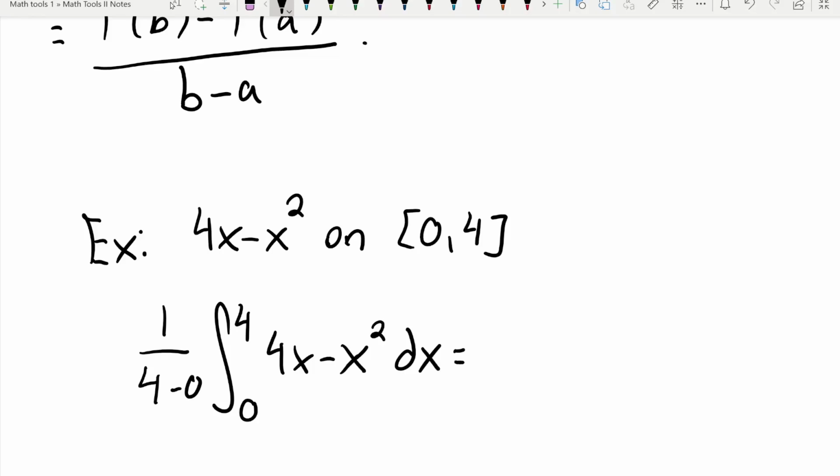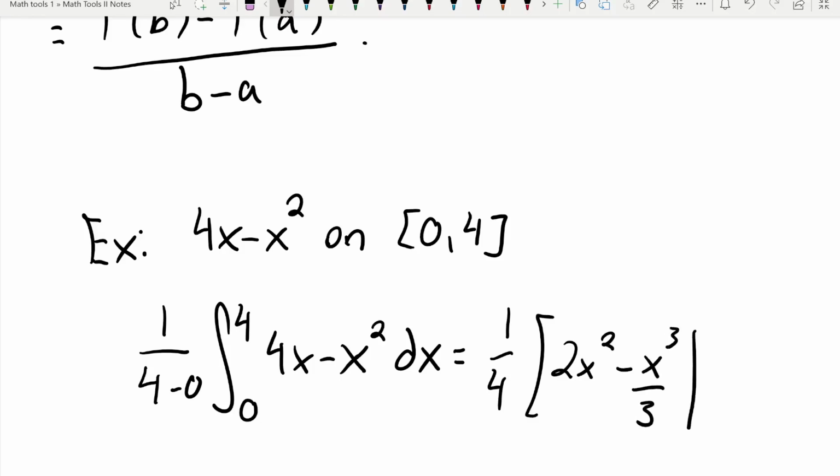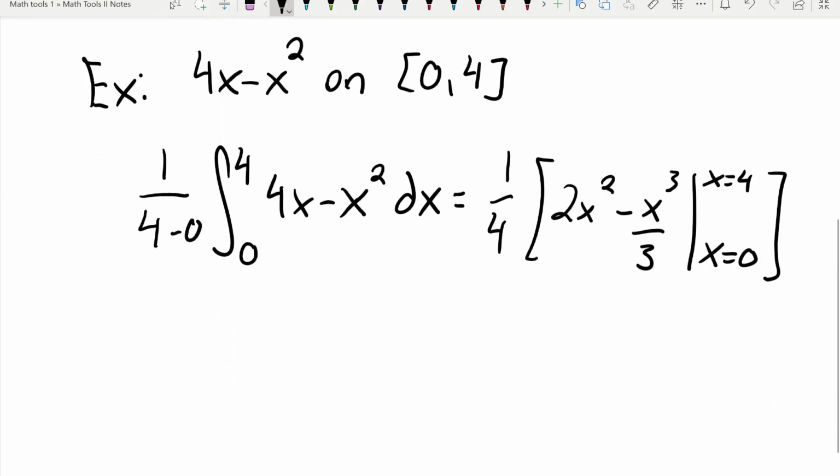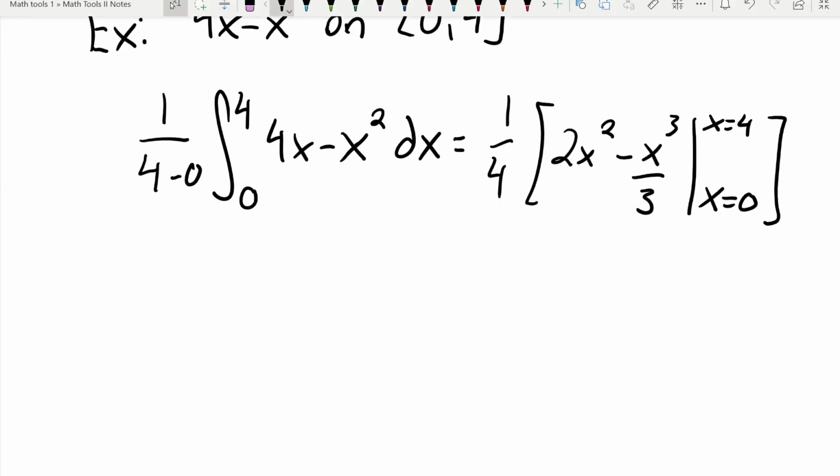We just do the integral like normal, and then multiply by 1/4 at the end. So we get 1/4 times 4x squared over 2, so 2x squared minus x cubed over 3, evaluated from x equals 0 to x equals 4. The whole time we just keep bringing the 1/4 with us.